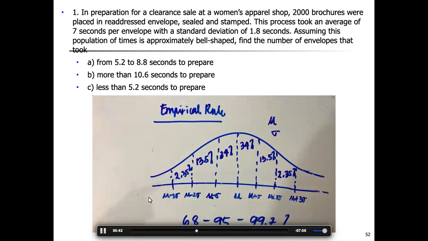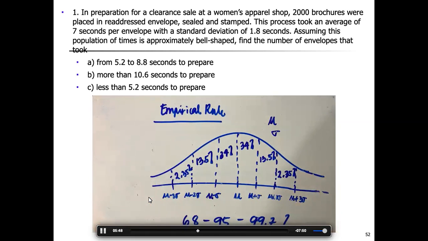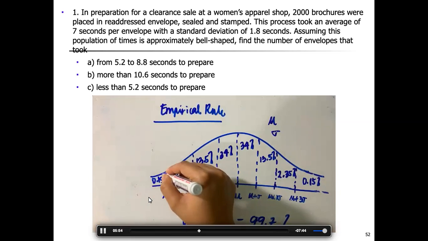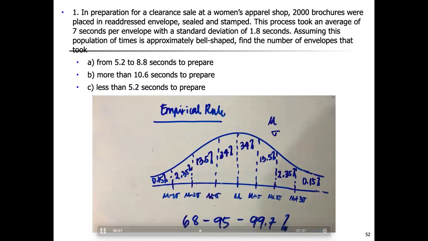So 0.3% will be divided into 2, because we have 2 regions to the right and to the left of the mean. This will be equivalent to 0.15%, and this will also be equivalent to 0.15%. So if we sum up all the percentages under the curve, that will be equal to 100%.